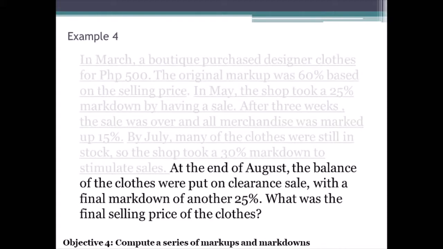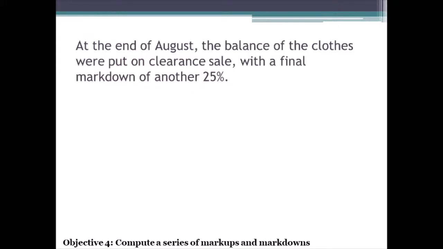Now for the last one: at the end of August, the balance of the clothes were put on clearance sale with a final markdown of another 25%. What was the final selling price of the clothes? The last sale price was 754 pesos and 69 cents. There is a final markdown of 25%.